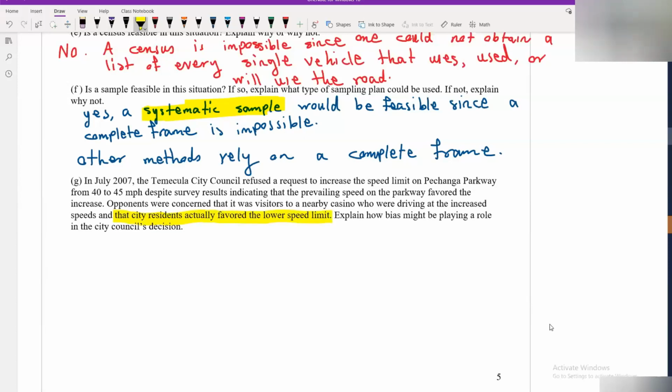So the residents actually favored the lower speed limit, yet they made a decision to increase the speed limit. What kind of bias do we have? Explain how bias might be playing a role. Do we have a good frame?